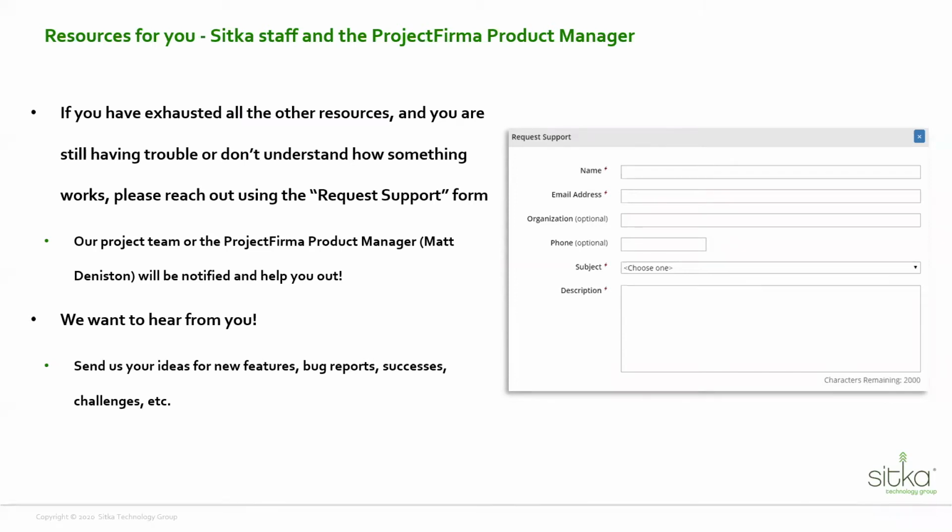In addition to being there to answer the questions, we also want to hear from you. So if you have ideas about new features, or you think you've encountered a bug, or you're having some success or some challenges, we definitely want to hear about those, because that's what keeps this Project Firma community vibrant and gives us the opportunity to put things on the product backlog.